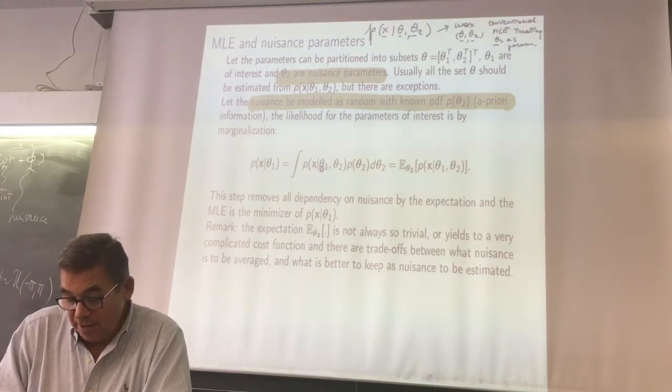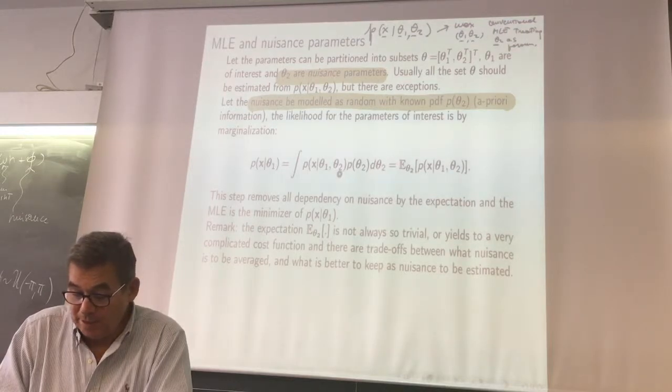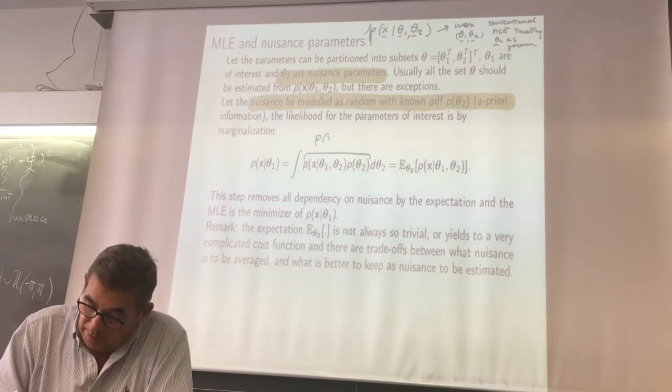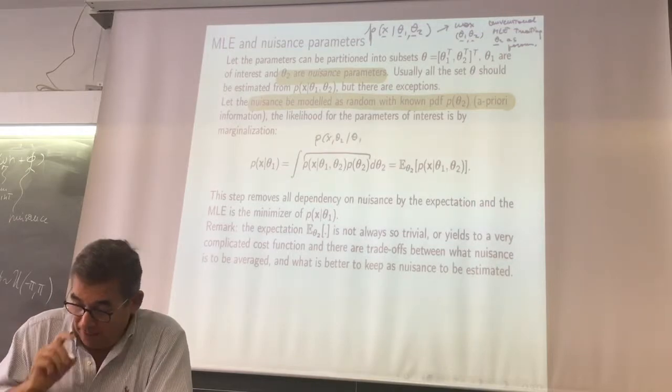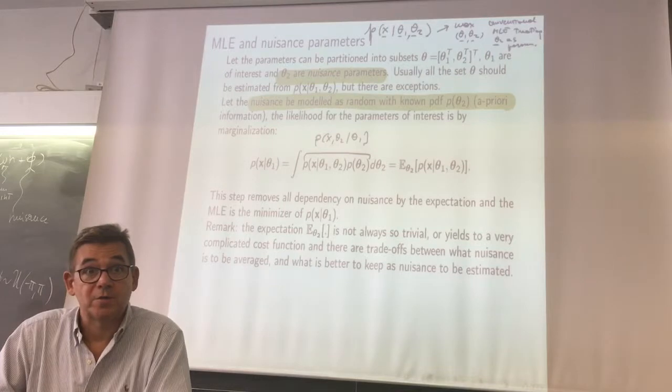I have a dependency on theta 1 and theta 2, and when I multiply by the probability of theta 2, what I get is p(x, theta 2) depending on theta 1. When I integrate now with respect to theta 2, then I'm marginalizing.